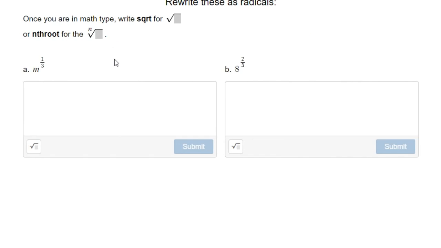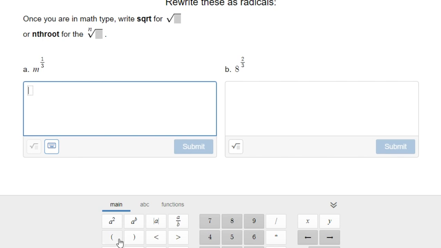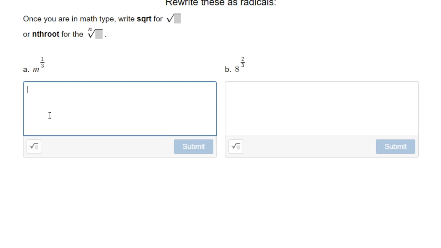Okay, if you're using the slides on Desmos, you could use keyboard commands like SQRT once you get into the math type. Alternatively, if you prefer to use the keyboard, you're able to find the square root symbol or the nth root symbol to type it into Desmos. Right, that aside, let's rewrite these powers as radicals.